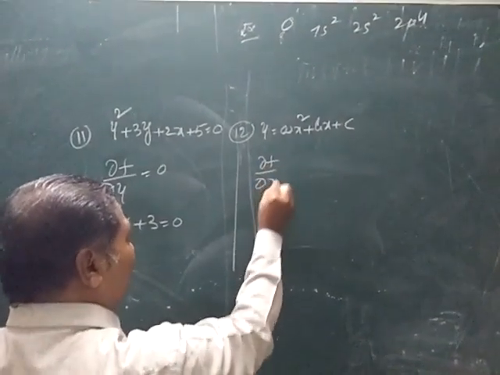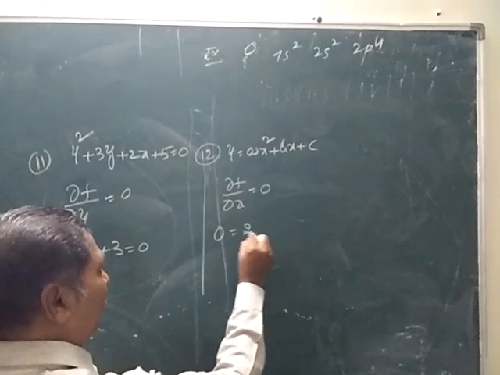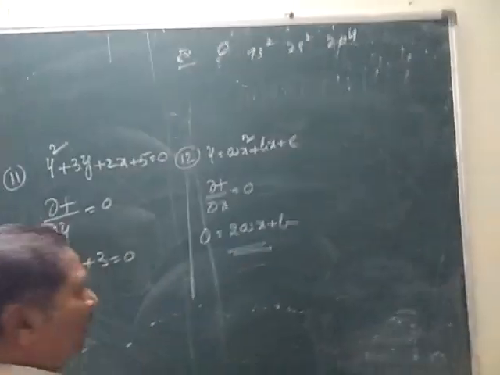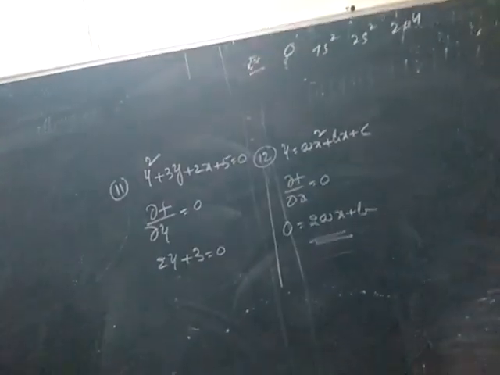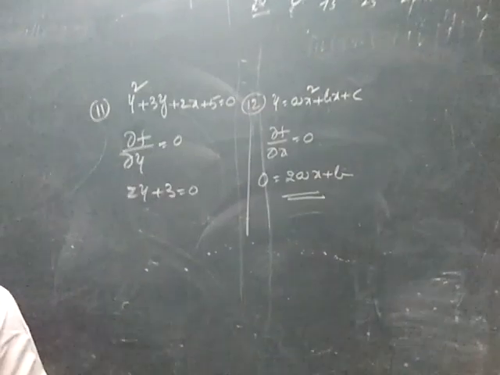And ∂f/∂x equal to 0 gives 2ax plus b equal to 0.